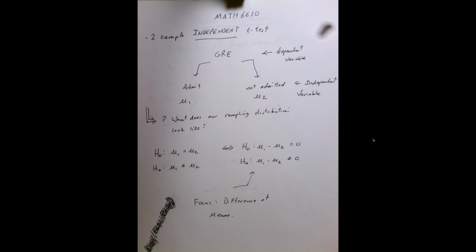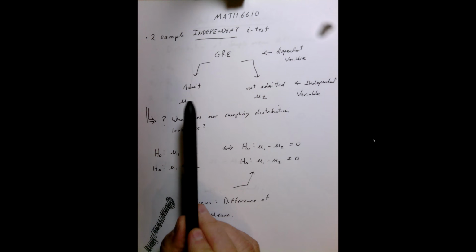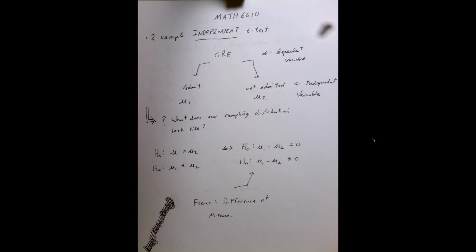My daughters are currently applying to different colleges and universities, and some of them claim that they're going test optional. I question whether or not that's really going on behind the scenes. So this may give a little bit of insight into whether the GRE scores are different across those who are admitted and those who are not admitted.